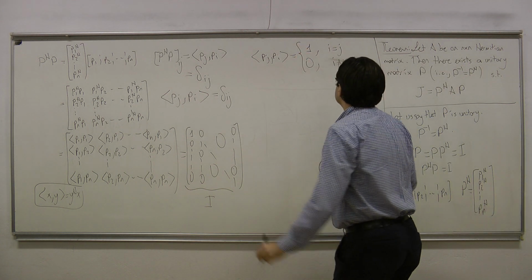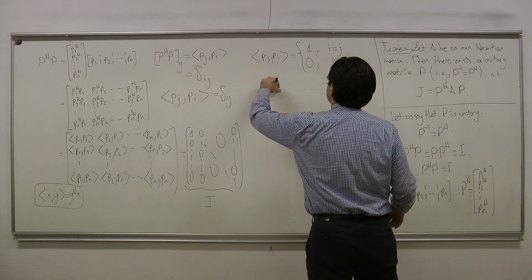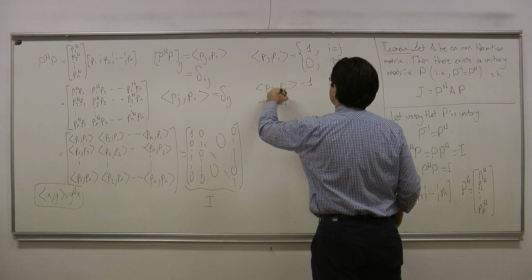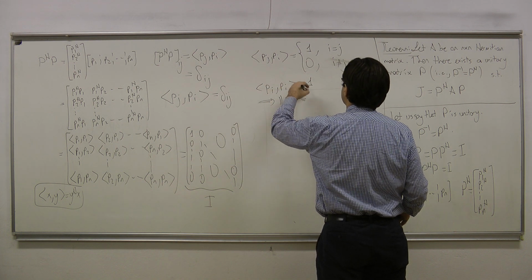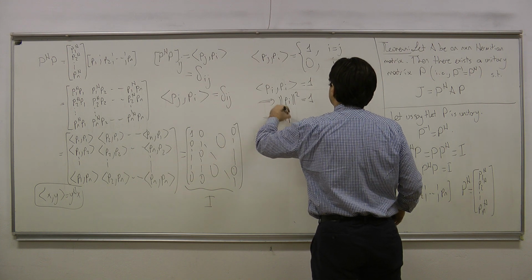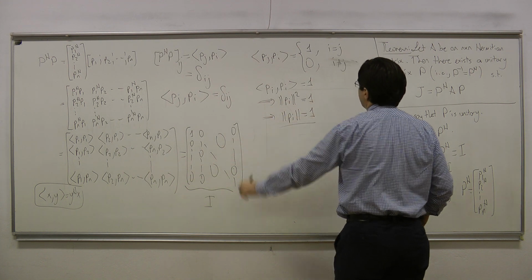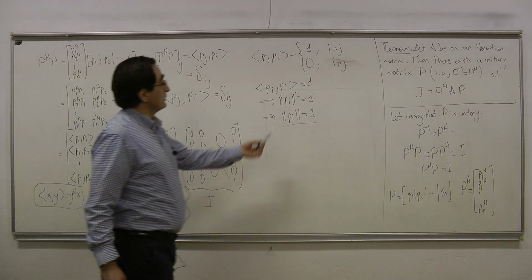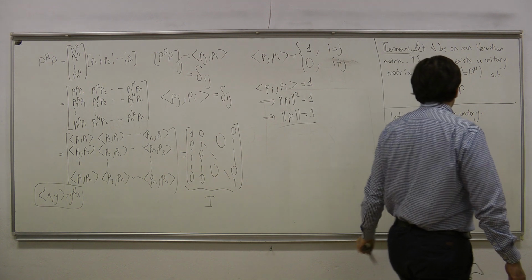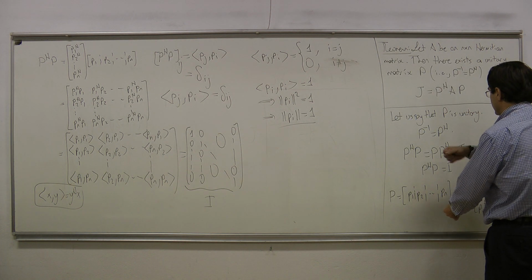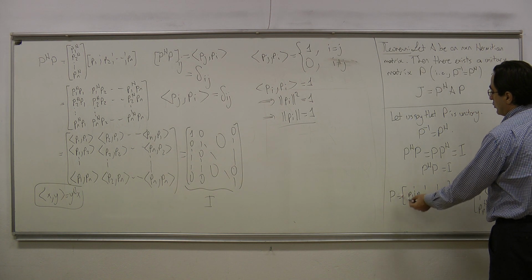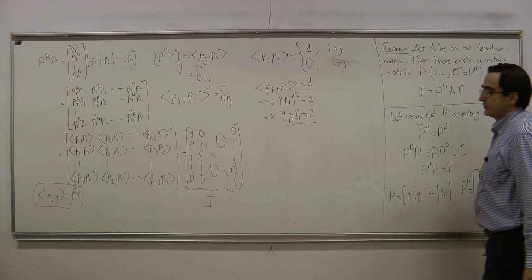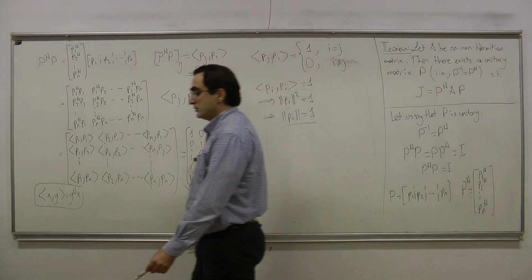Okay? So this means that the inner product of Pi with Pi is going to be 1. But this is nothing but the Pi L2 norm squared, which is 1. This means that the Pi norm is equal to 1. Okay? So we have just this normalization property. Each column of the unitary matrix P would be normalized. It would have norm 1. And furthermore, it is going to be orthogonal to all of the other columns. Right?